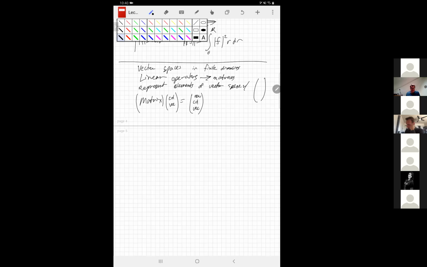But because the ordinary functions we usually work with are elements of infinite dimensional vector spaces, we can't necessarily write things down in this way, but we can write things down naturally. We can write down some very simple linear operators. I'm going to give you the 2 linear operators you're going to work with the most in quantum mechanics. And one of them is so simple you don't even think of it as an operator.